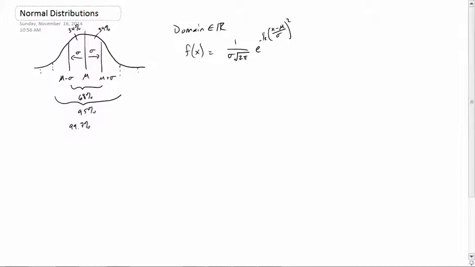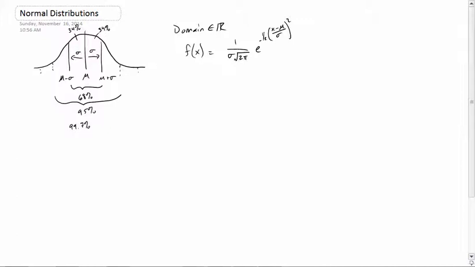Okay, and so that's the formula that would give us these specific values, so that we have a probability density function, just like we have for the other types of functions that we've looked at so far in this option.